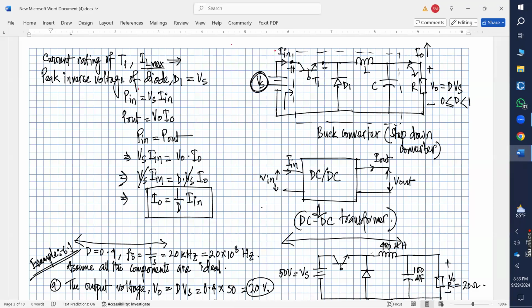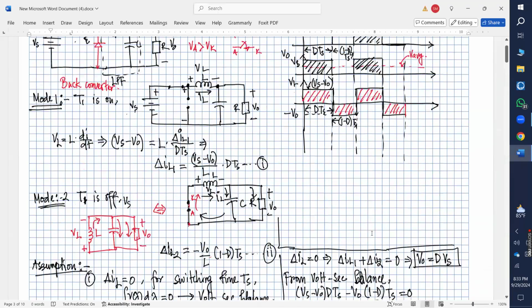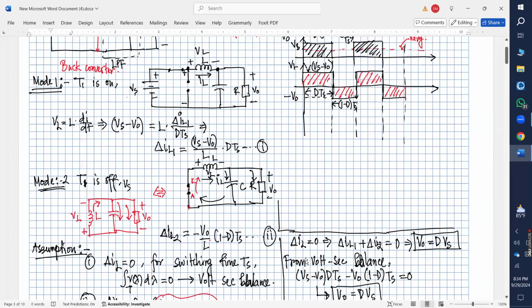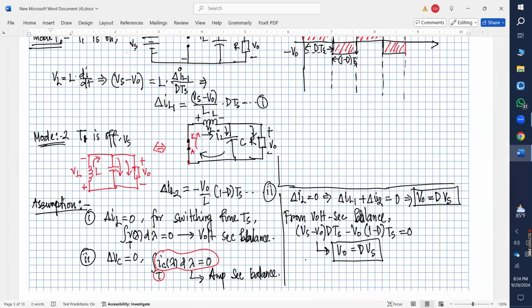Is that clear to you all? Yes, sir. In the last class also we said that in mode 2, this circuit would look like this. You will have this transistor open and this diode short circuited, and then you will have the inductor, then the capacitor, and then the load, right?